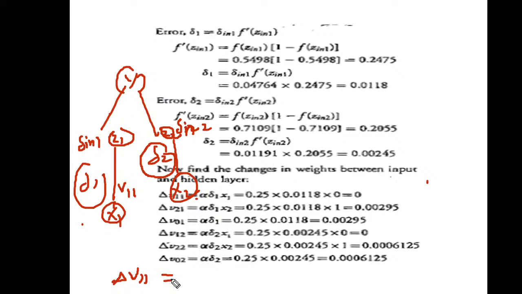To calculate this, alpha will always be there: alpha into the error, delta 1, which is coming from this side, and the input going in is X1, so X1 we will write. Similarly, suppose I want to calculate from X2, it's going to Z1, so that is V21.